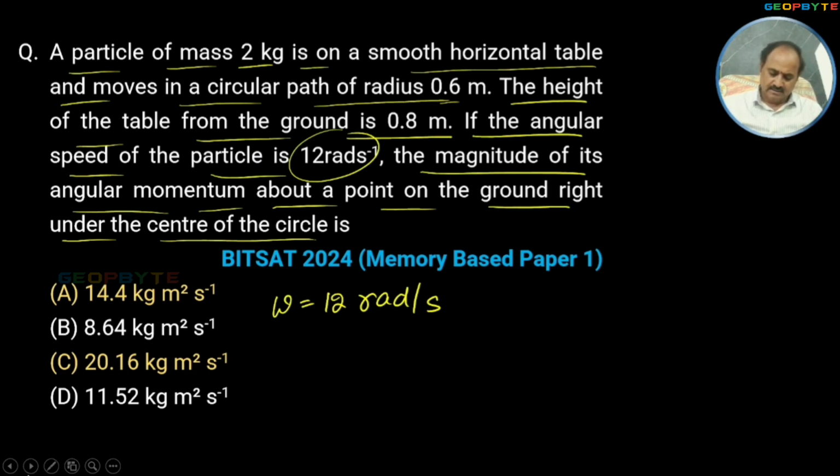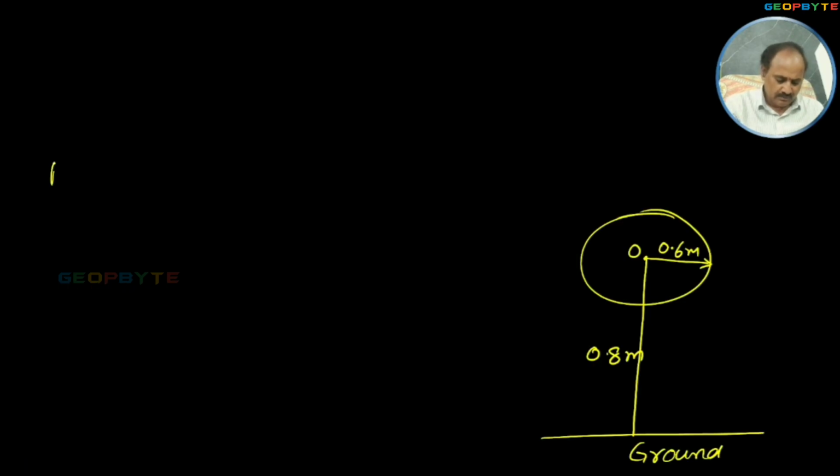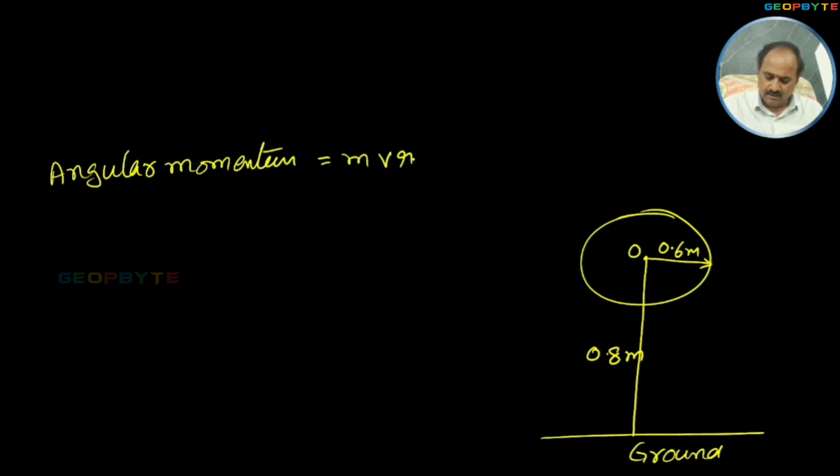You're asked to decide the magnitude of its angular momentum. The magnitude of angular momentum is equal to m v r into sine of the angle between the radius of the circular path and the vertical line, that is 90 degrees.